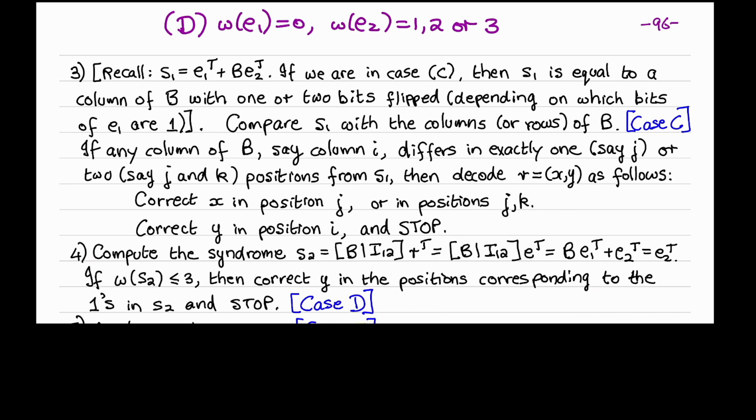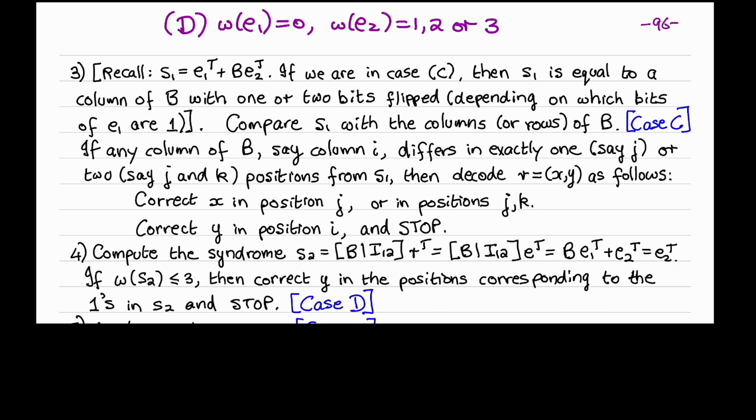However, instead of using S1, it uses S2, which is a syndrome of R with respect to the other PCM for C24. So now S2 is also the syndrome of the unknown error vector, BE1 transpose plus E2 transpose, which now is E2 transpose.